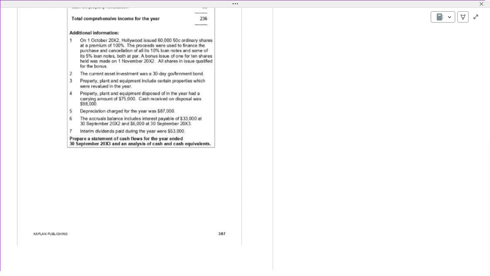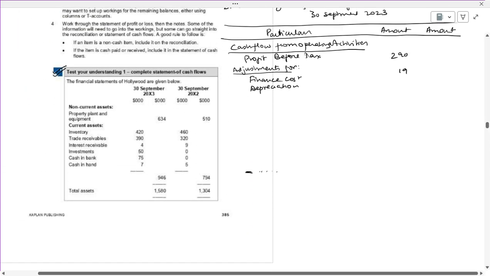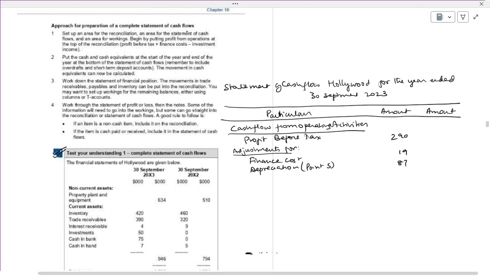It is 87,000. I will write 87. If I'm not writing, you have to remember this is in thousands. Depreciation. Are you clear about this? Next, anything else?